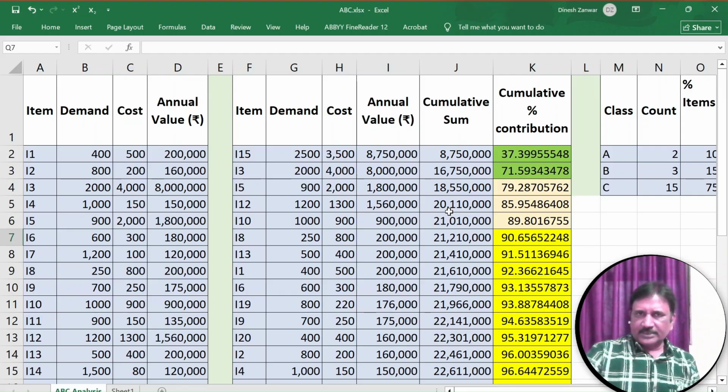Just a minute, I am making some mistake in reading that figure correctly. Sorry, it was not 8 lakh, it was 8 crore.